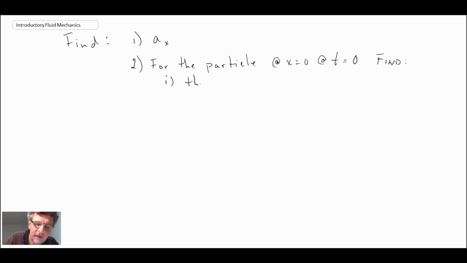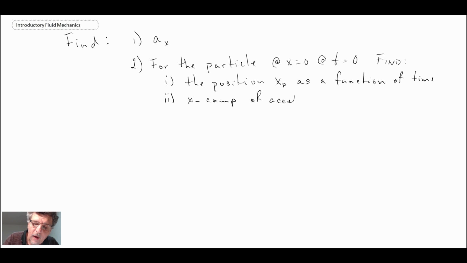The first is the position of the particle, which we'll call x little p as a function of time. This is the Lagrangian formulation because it's following the particle. The first one is the Eulerian, the ax. And the second thing they want us to find is the x component of acceleration of the particle, which will be denoted by ax with a little p, as a function of time.